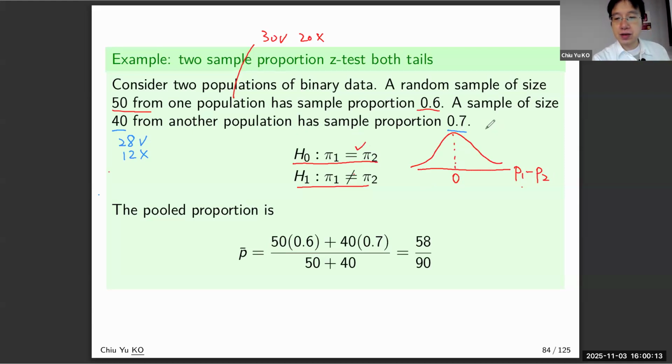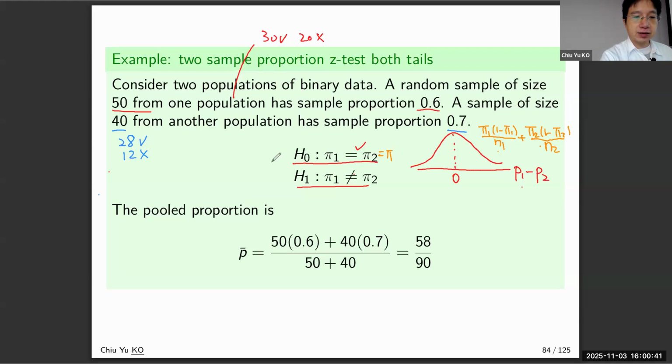The variance, of course, will be pi1(1 minus pi1)/n1 plus pi2(1 minus pi2)/n2, right? But now we know that pi1 and pi2 equal pi, the same, right?